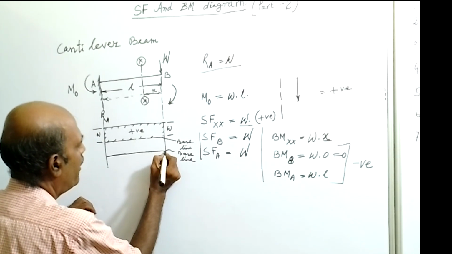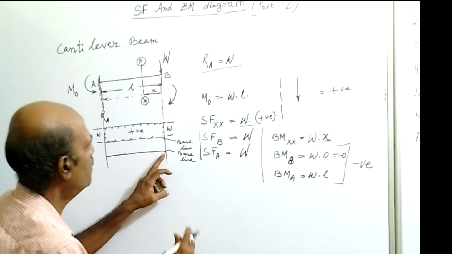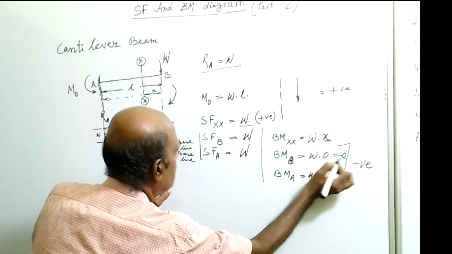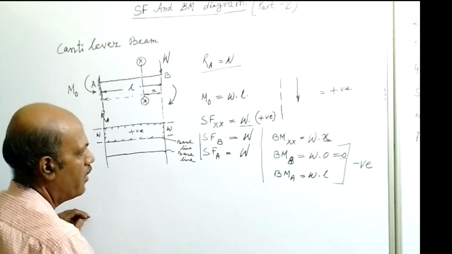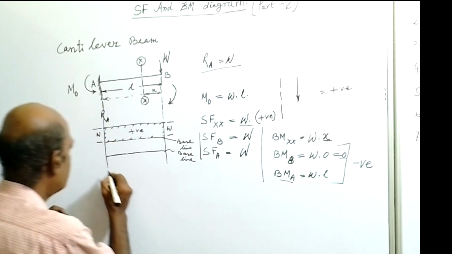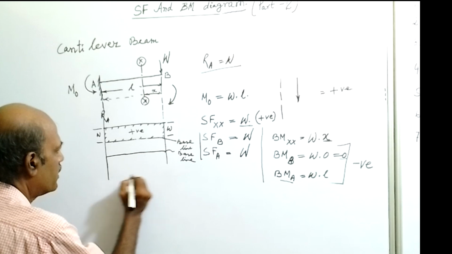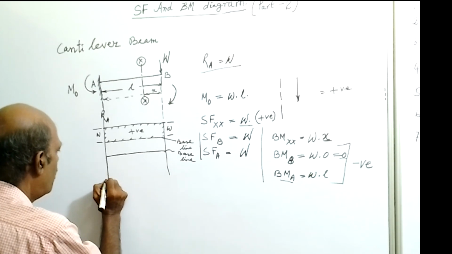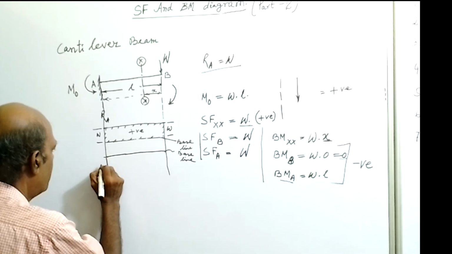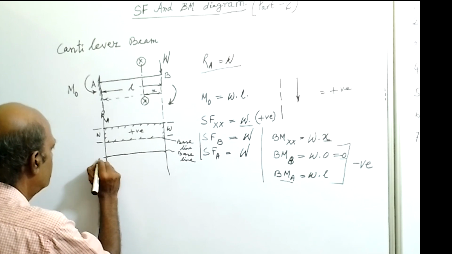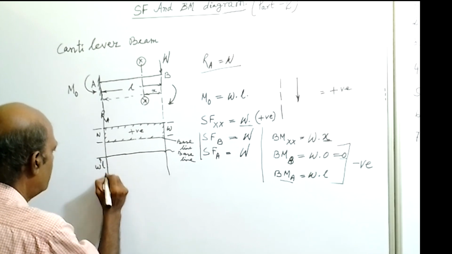Now at point B bending moment is 0. So mark this point, and at point A bending moment is W into L. With some scale draw W into L value here. So this indicates W into L.